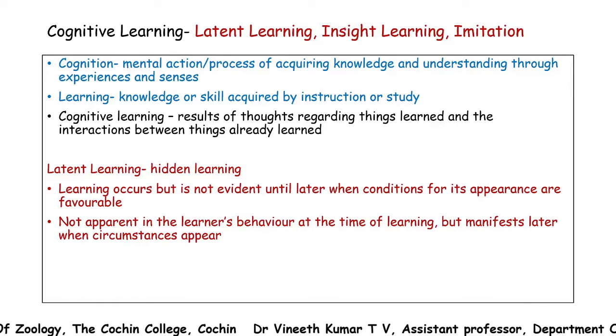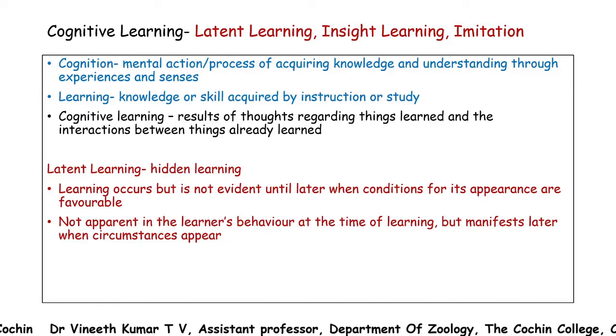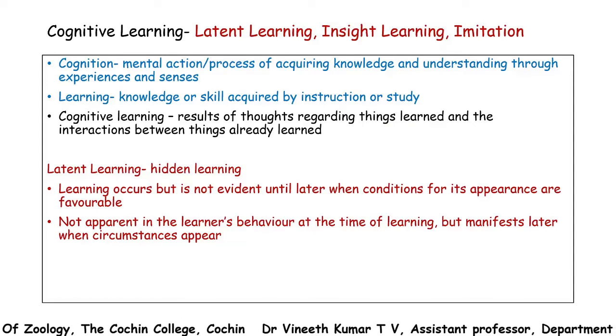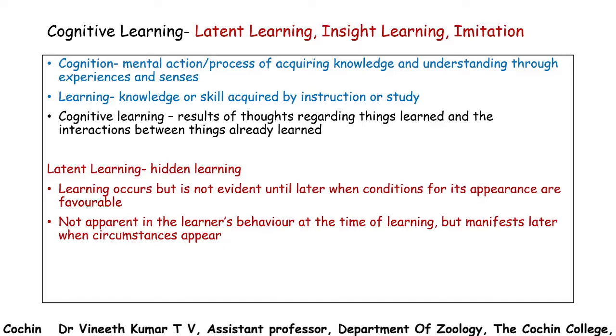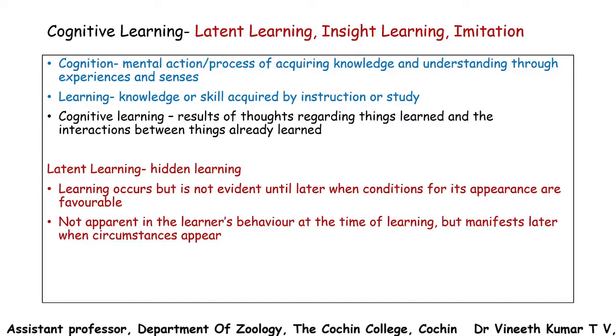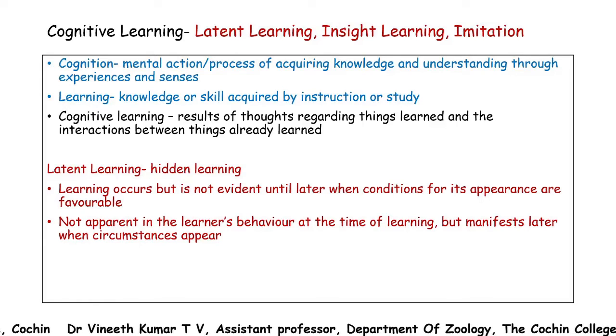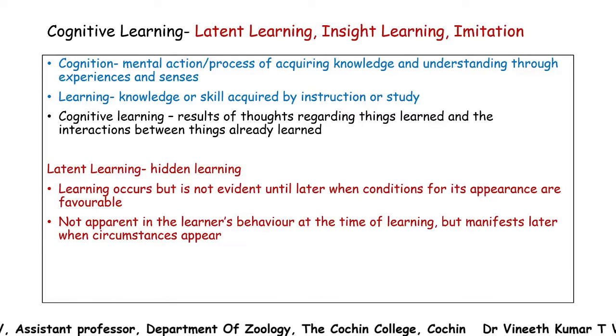On the second day, you realize that you have learned that particular route. So the learning is not apparent in the learner's behavior at the time of learning, but it manifests later when circumstances appear.